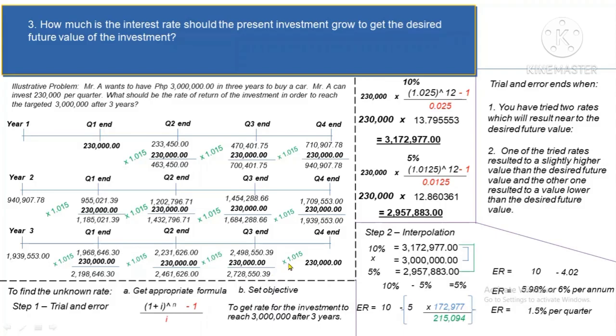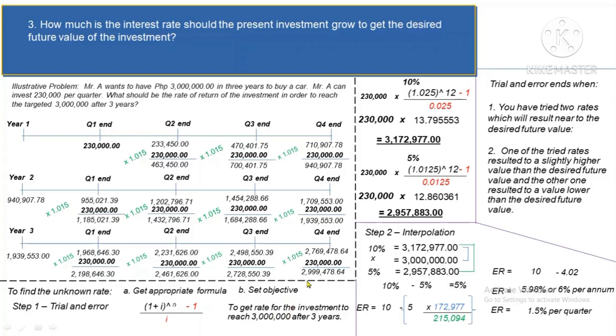And lastly, times 1.015, we're gonna get 2,769,478.64 plus 230,000, that is 2,999,478.64. The value is slightly off, I know, but that is because of rounding of factors. So 2,999,478.64 has a difference with the 3 million.